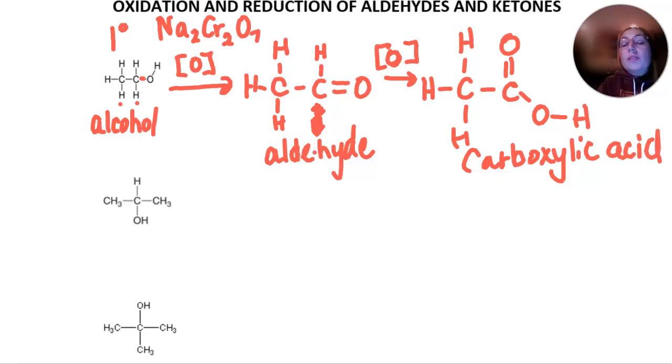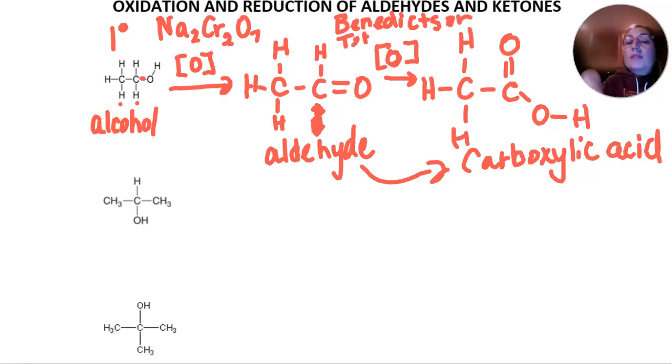Now, if all we wanted to do was take an aldehyde and oxidize it to a carboxylic acid, and we're just trying to do that second step, we could use a weaker reagent like Tollens', or we could use our toluenes. Either of these would do the trick to just get the aldehyde to the carboxylic acid.